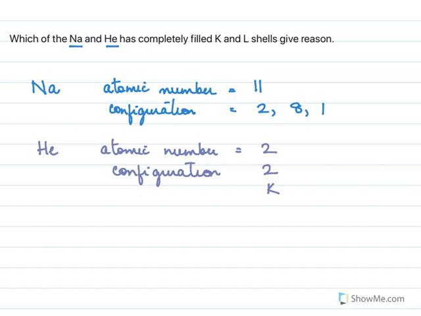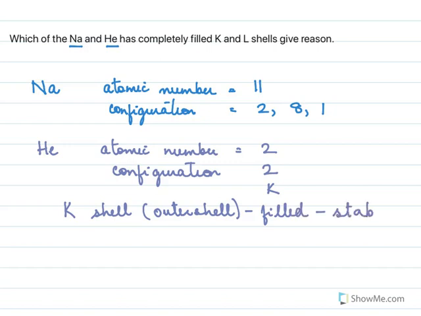And if you were to compare their stability, you will see that helium is in the octet state. The K shell is filled. K is the outer shell, and this outer shell is completely filled. So helium is stable. But sodium, the outer shell is, you see here, KLM.